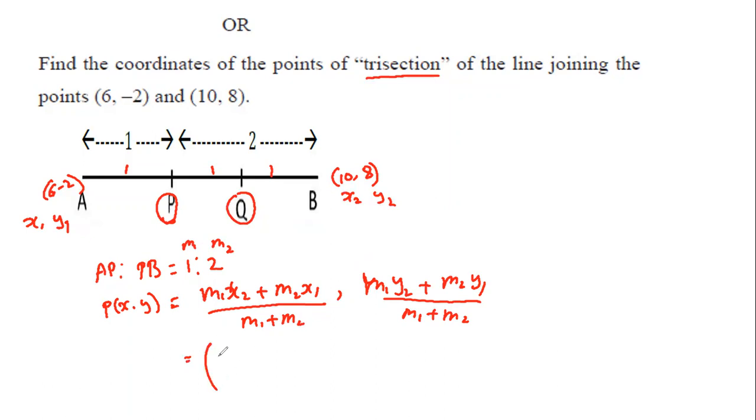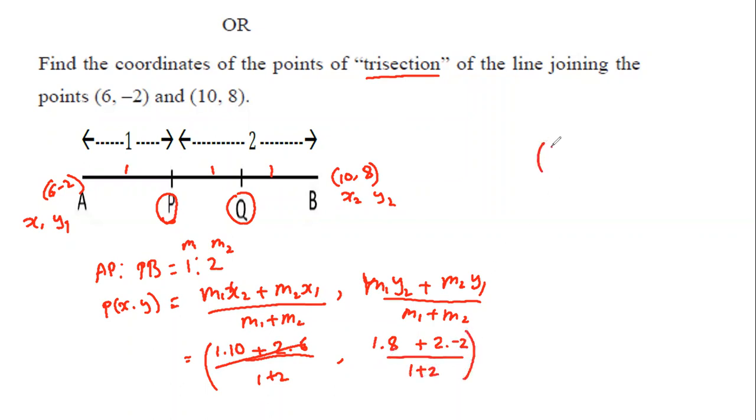Substitute here, m1 is 1 into x2 is 10 plus m2 is 2 into x1 is 6 divided by 1 plus 2 comma m1 is 1 into y2 is 8 plus m2 is 2 into y1 is minus 2 divided by 1 plus 2.